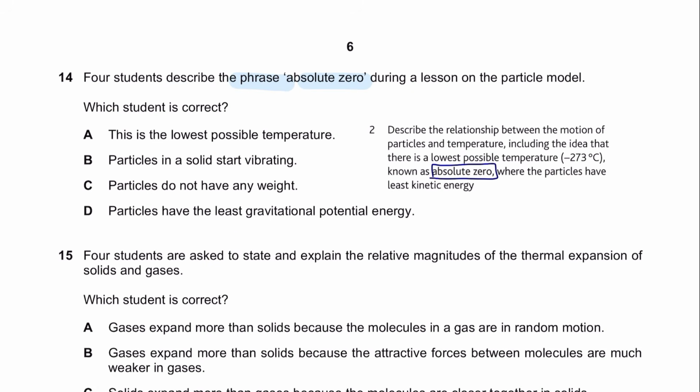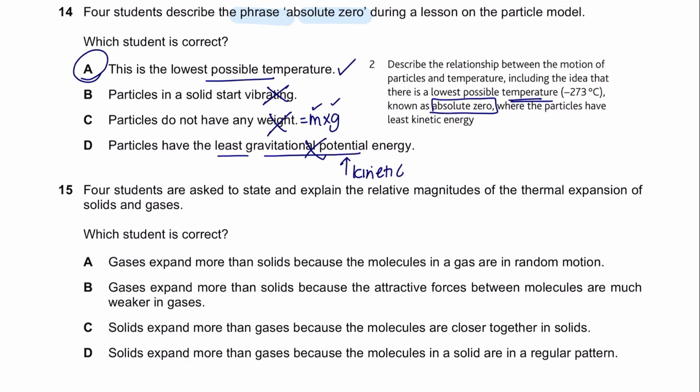So this is the lowest possible temperature, correct? Particles in solids start vibrating, no. Particles do not have weight is also wrong because weight is mass times gravity and both of these exist. Particles have the least gravitational potential energy is also wrong because you're supposed to say kinetic energy over here. So the answer is A.